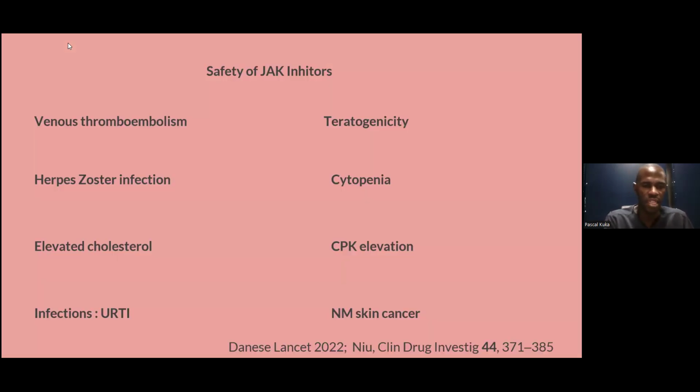But that does not mean that JAK inhibitors are devoid of any safety concern. Some of the safety concerns are the risk of venous thromboembolism, being PEs and DVTs. Herpes zoster infection is also one of the key side effects of JAK inhibitors, and because of that, it's advocated that patients are given vaccinations prior to initiation of JAK inhibitors.